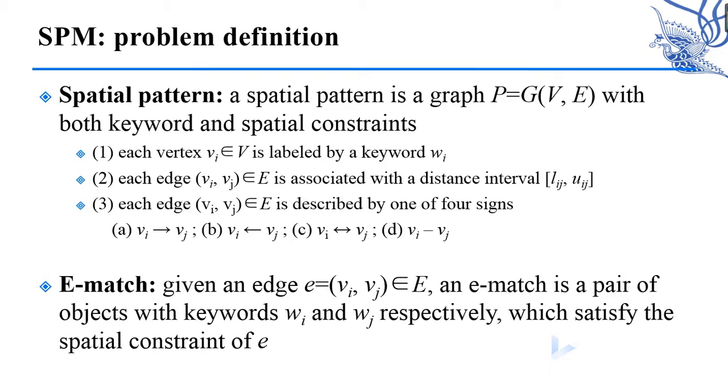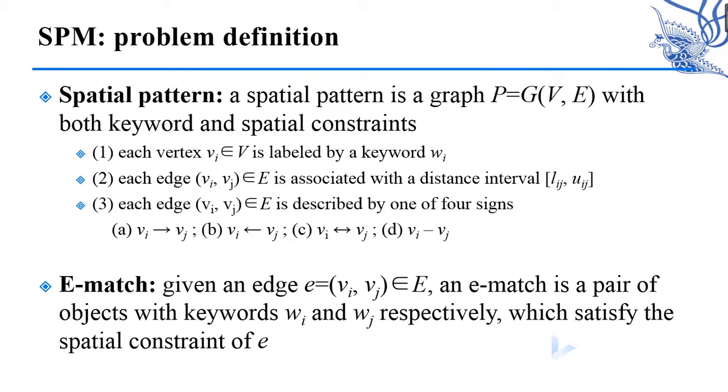Secondly, each edge is associated with the distance interval, which represents the lower and upper bounds of the distance between two matched objects. Thirdly, each edge is described by one of four signs.